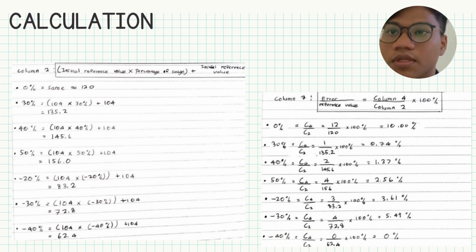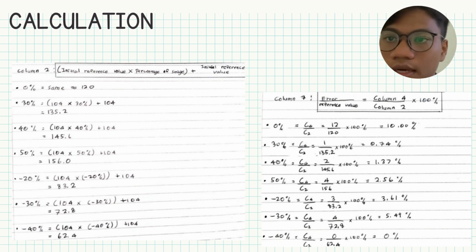Column 2 is the reference value after step input, and column 7 is the error or reference value. The equation for column 2 is initial reference value multiplied by percentage of step plus initial value, and for column 7 the equation is error divided by reference value multiplied by 100%.